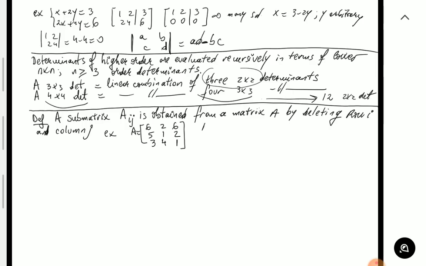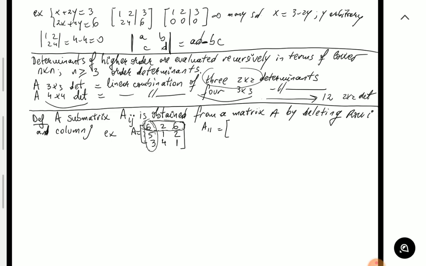So let's start with A11, big A11, right? So that is the submatrix obtained by deleting row 1. So I'm going to delete 6, 2, 6, right? I'm going to make very small markings here, 6, 2, 6, and then the column 1, 6, 5, 3, right?